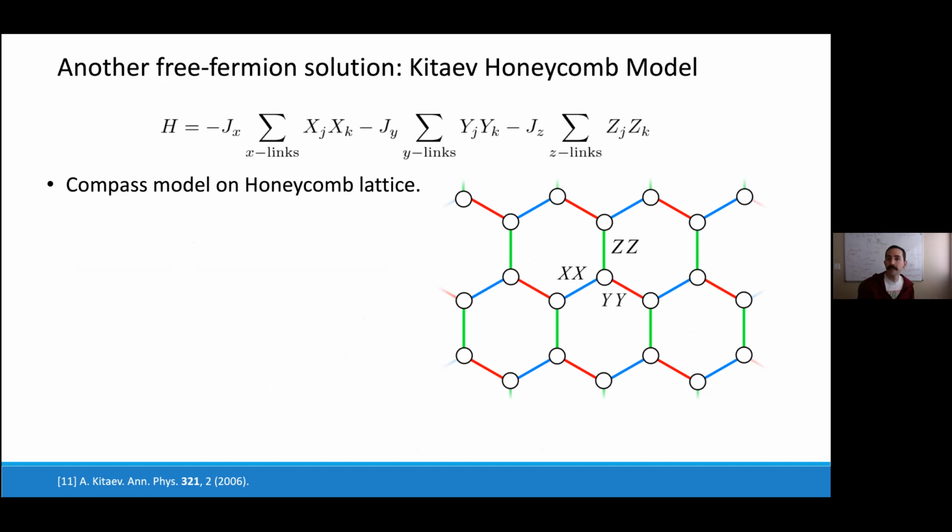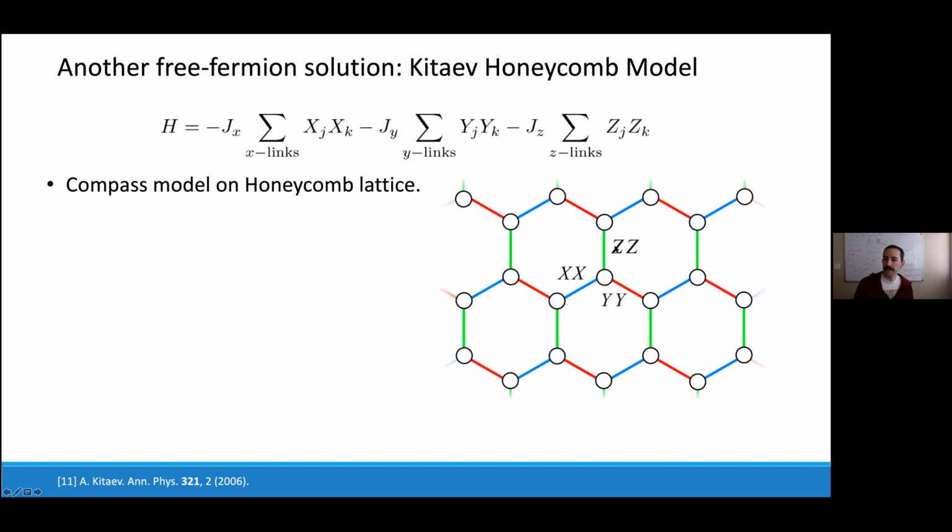Another famous example is the Kitaev Honeycomb Model. So in the Kitaev Honeycomb Model, it's a 2D model. And what we do is we put spins on all the vertices, and we couple the spins depending on whether the leg is blue, green, or red, whether it's sort of vertical or positive slope or negative slope.